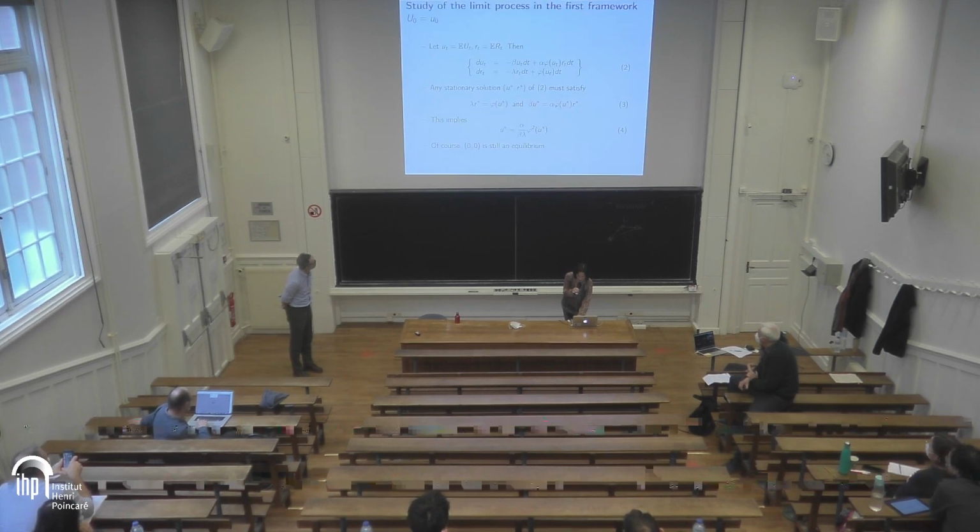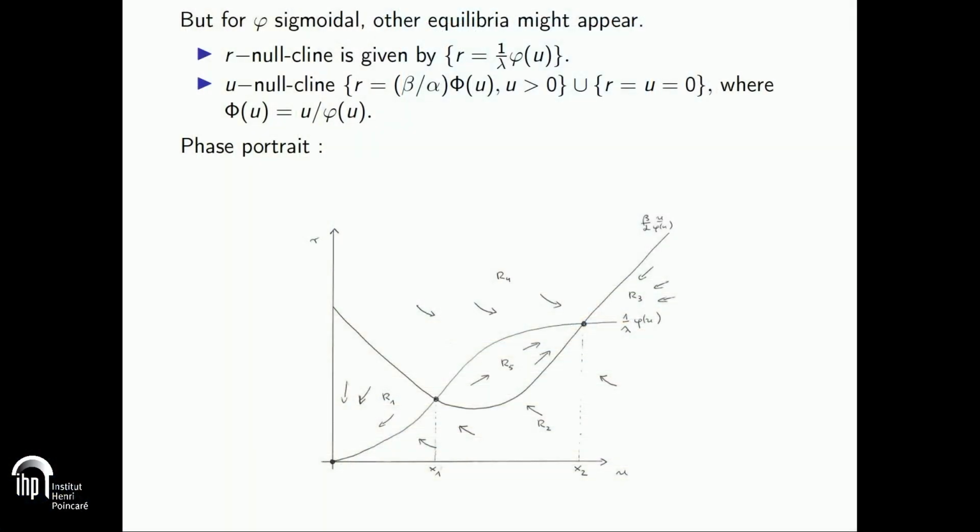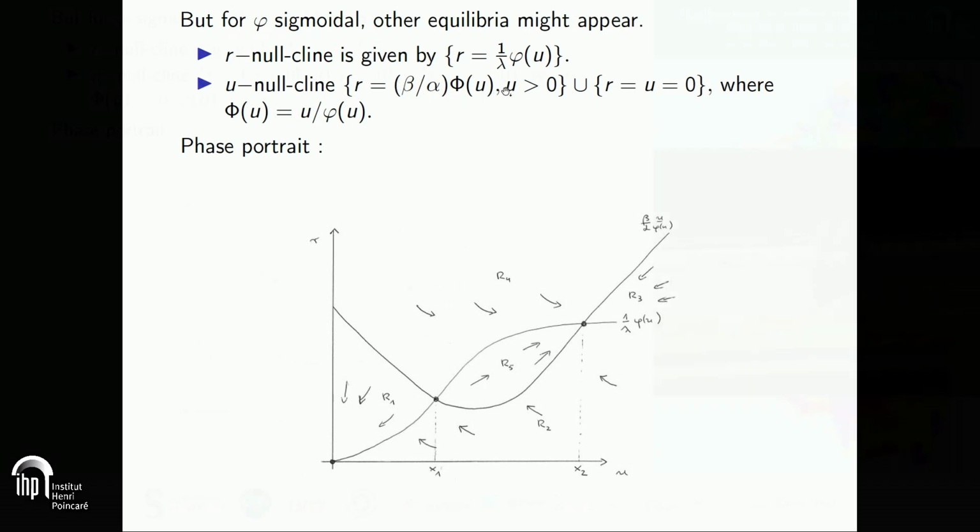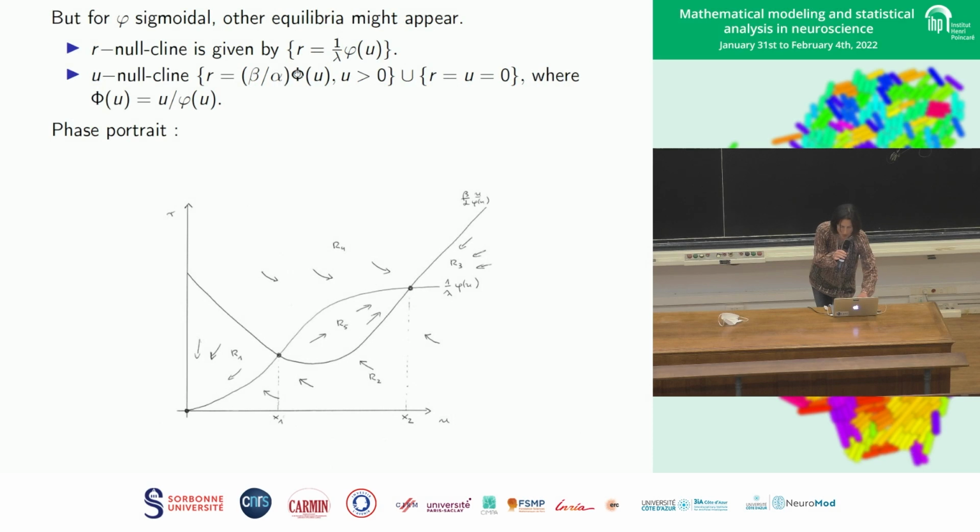Yeah, it's... huh? Maybe, yeah. No? Yes, they should. I think it depends, there's a discontinuity. You see what I wrote here? The U-null line is only for U strictly positive, and it's defined by this capital phi.